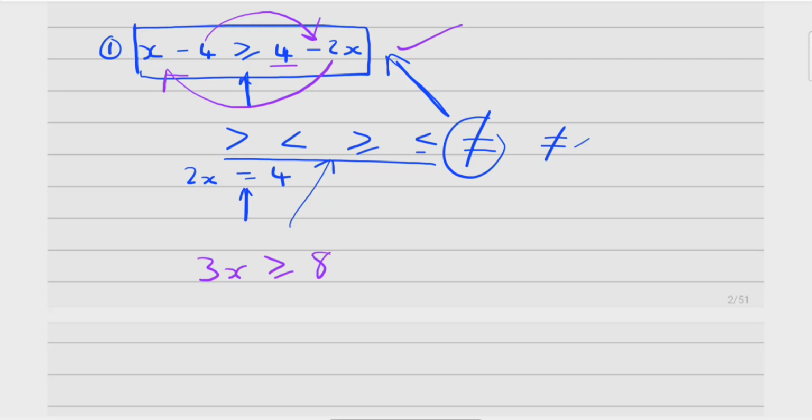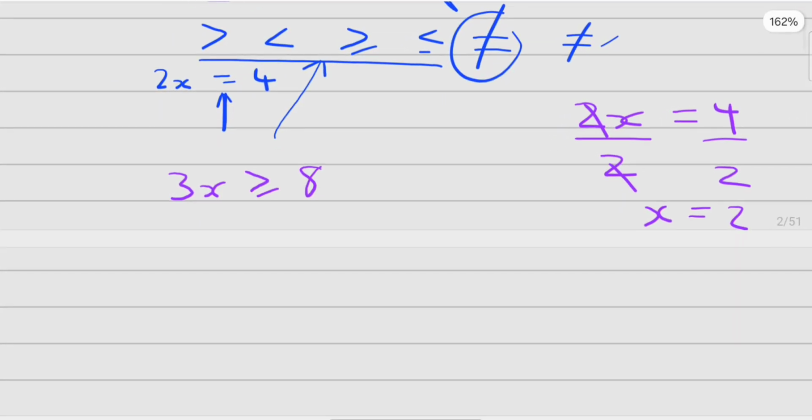Now from this, remember, if you have 2x equals 4, to get x, you just divide both sides by 2, and you get your x equals 2. So we're going to do the same with this, right? So we're going to work through it as if we're looking for x.